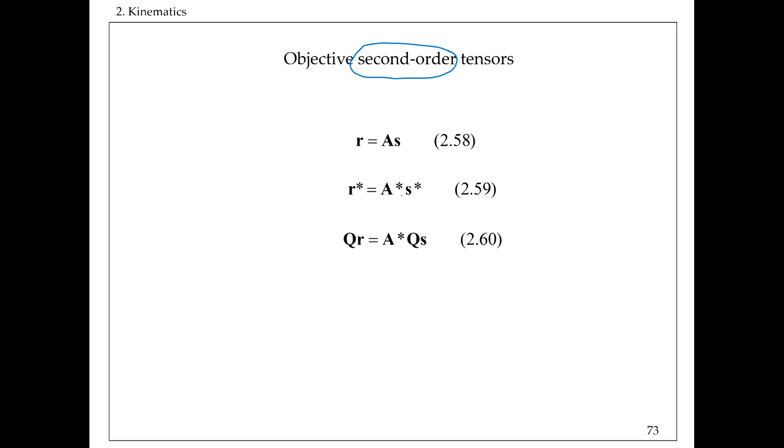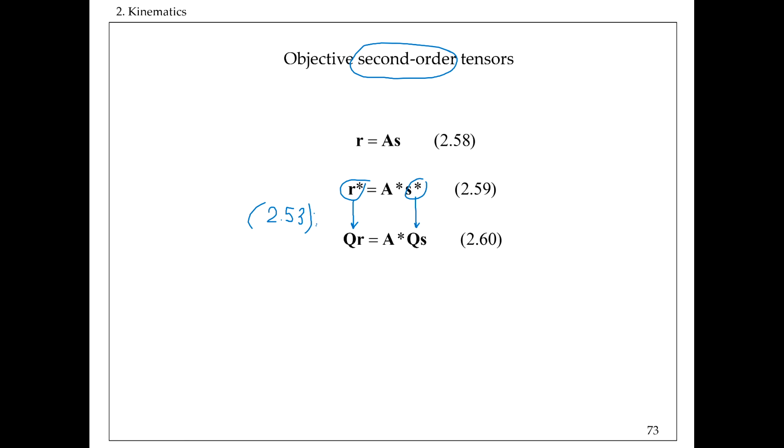This is because S is objective; I just write it here, and R is written here, and basically we use that 243 formula for any vectors that are objective. So that is what we got here.